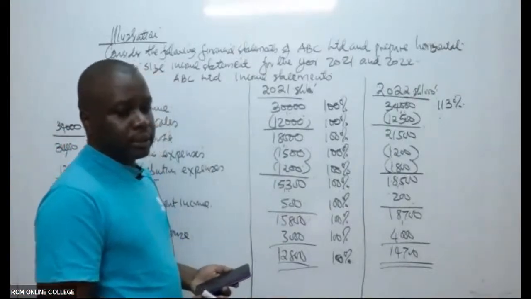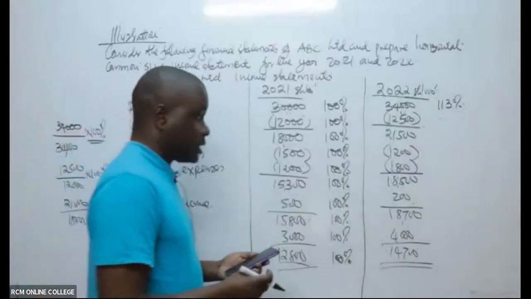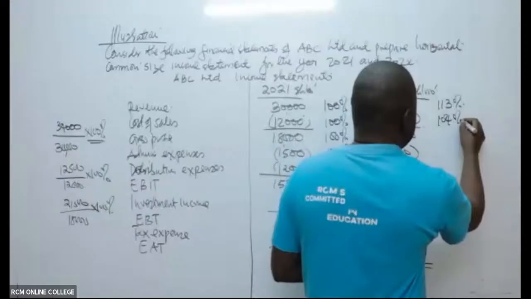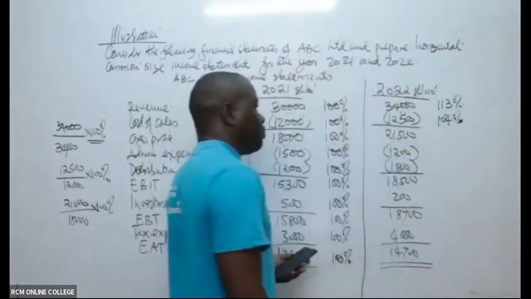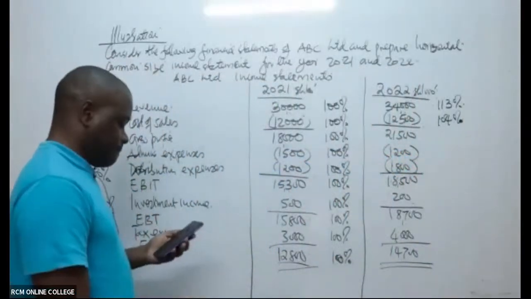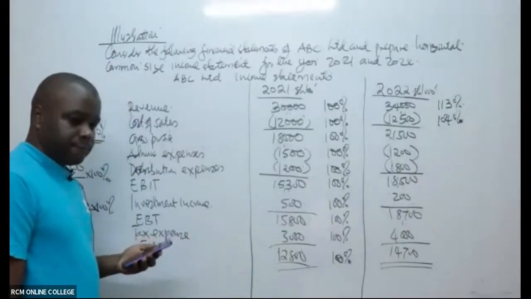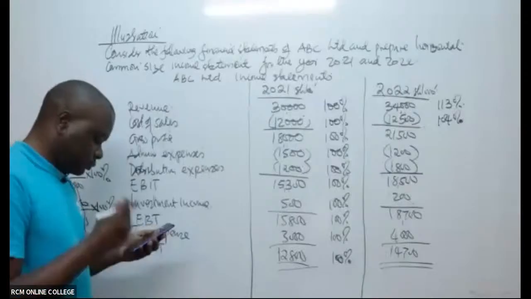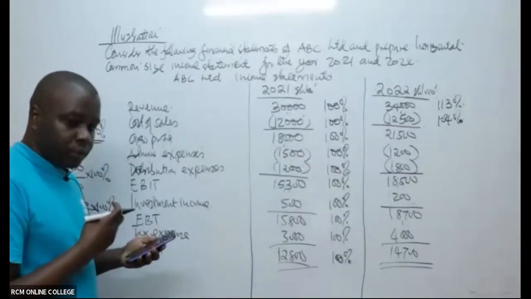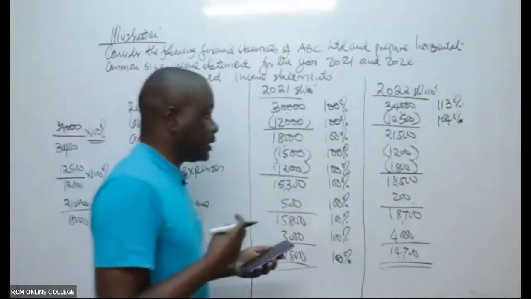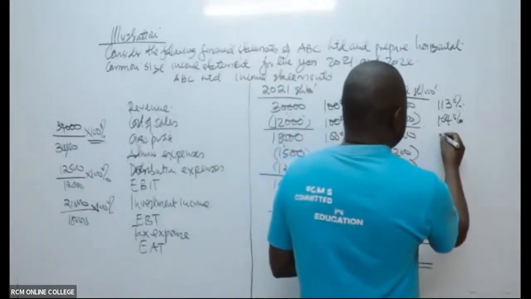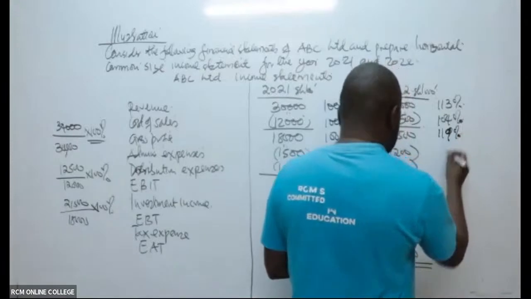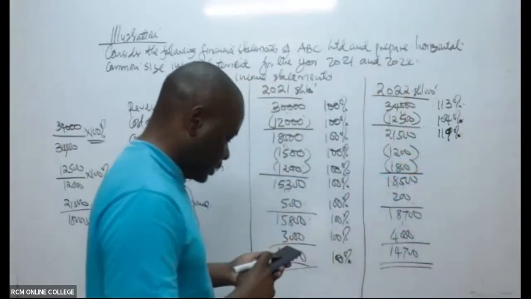I can see you're saying 104%. So let's hope it's correct. 104%. What about in this case the gross profit? I can see you're saying 119%.